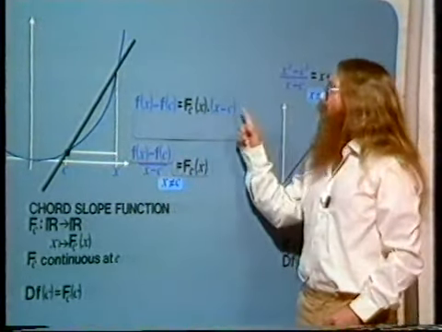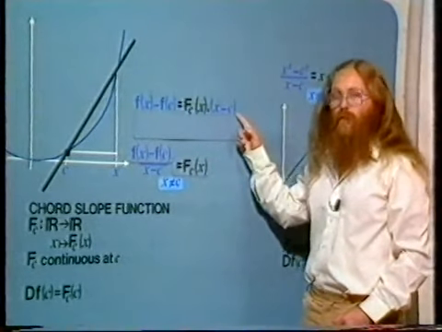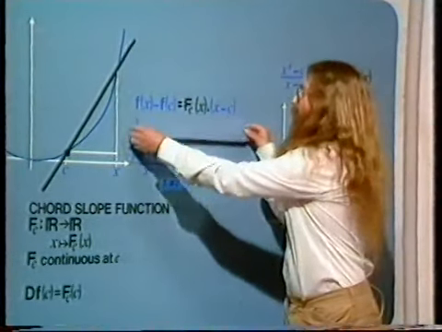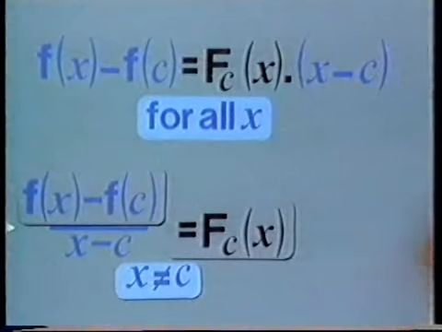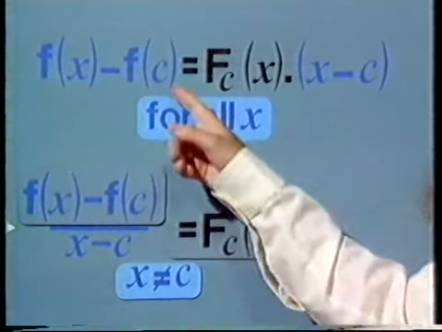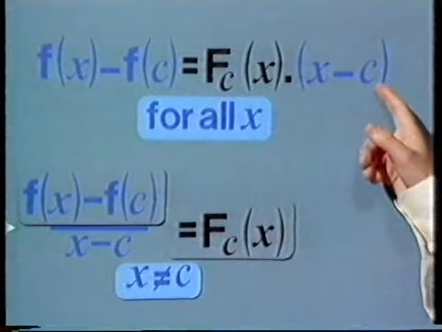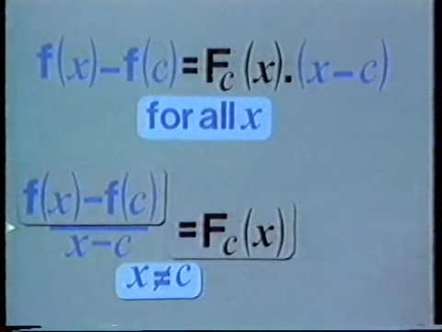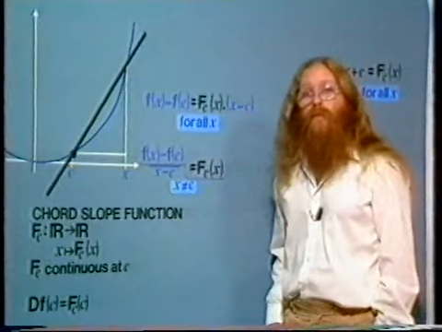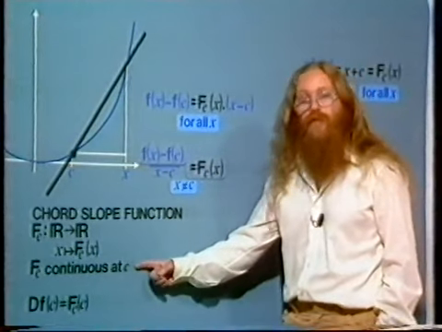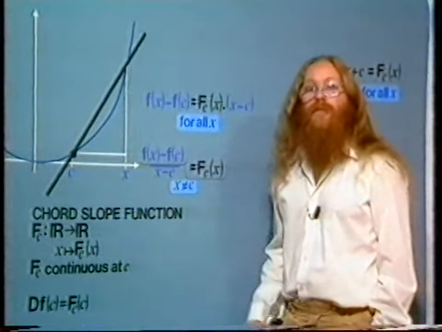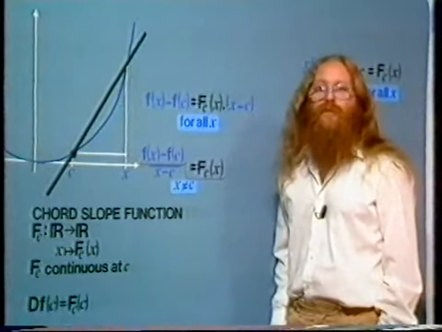But the nice thing about this equation is that it holds for all x. When x is equal to c, this side is 0, and this side is 0. So in fact, we can use this as our formula for the chord-slope function, as long as we remember to use the continuity condition at c. So let's write out both of the conditions together.